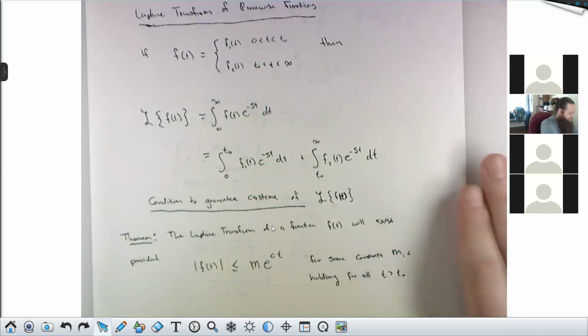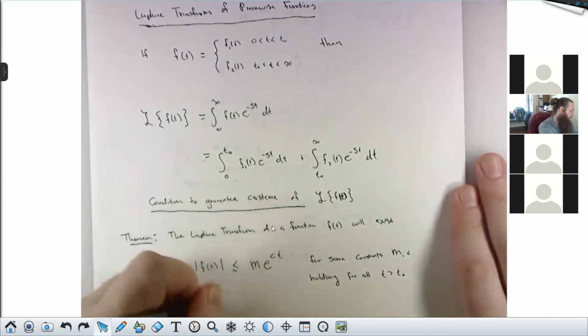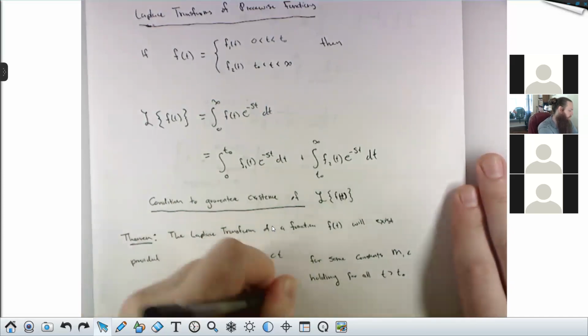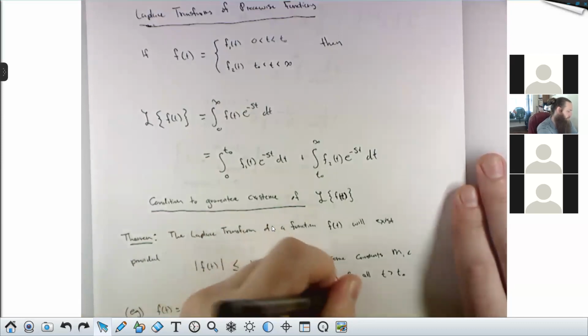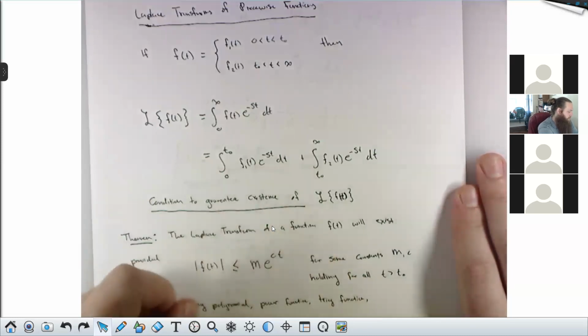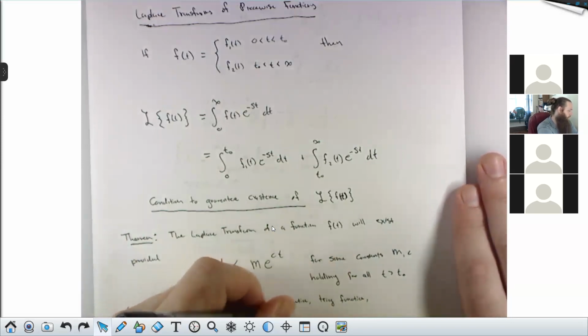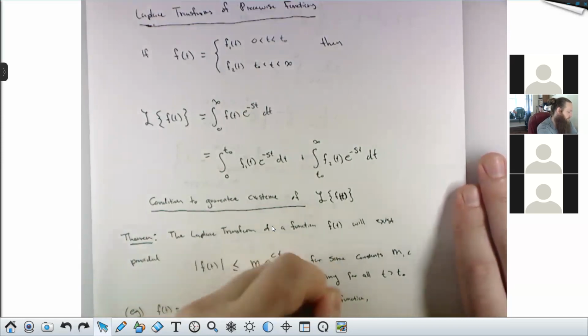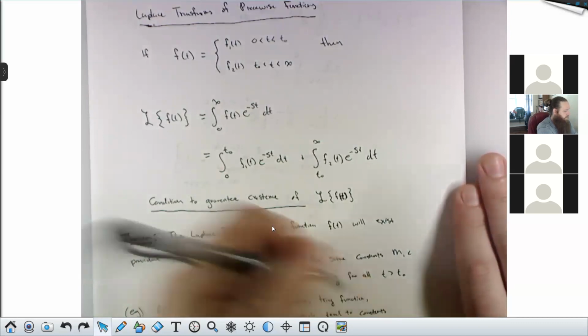Oh, a fun example. So, for example, f of t equals any polynomial, power function, trig function, standard exponential, function which tend to constants, et cetera, et cetera.